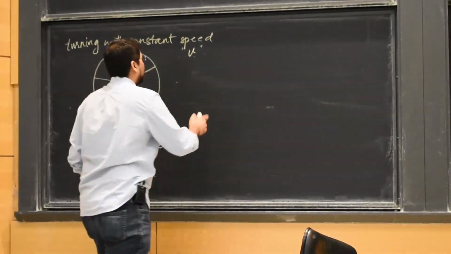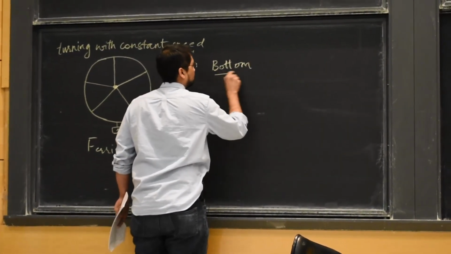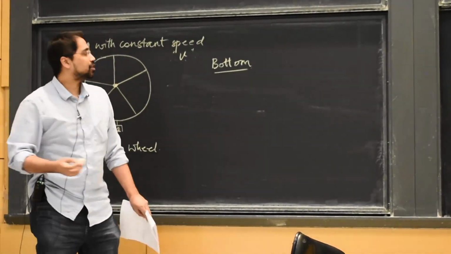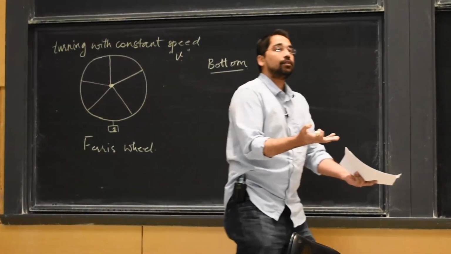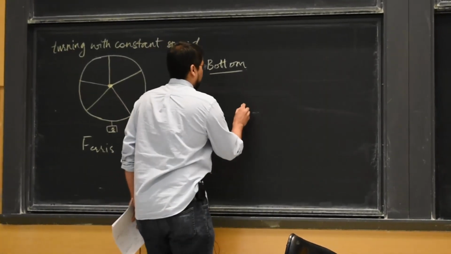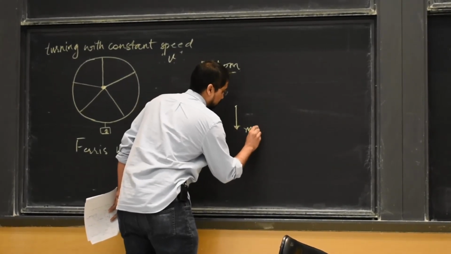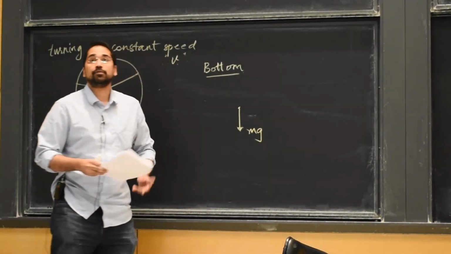So at the bottom, let me draw a free body diagram. If I'm sitting on a chair, the chair is holding me up, right? So I don't fall to the ground. Gravity is everywhere, so gravity pulls me down.